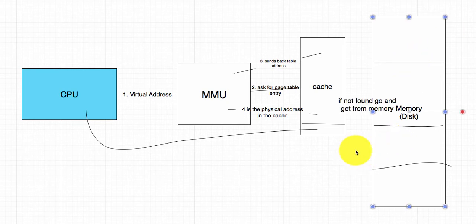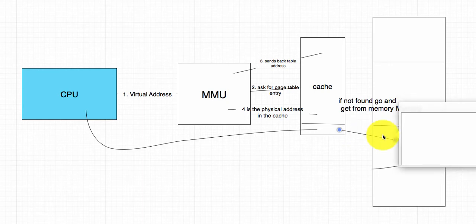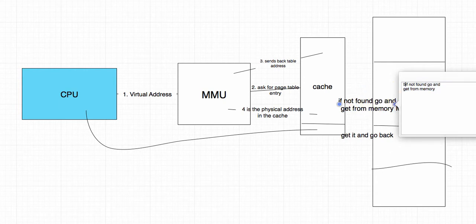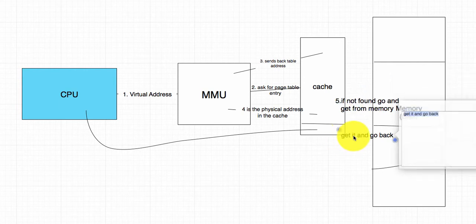Once I get it from the memory, because it must be in the memory, I go back, and then I'm able to find it in my cache. That was kind of a bad explanation, guys.